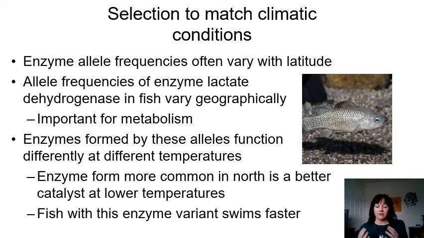And these fish actually swim better with this variant. If you have any fish up north with the other variant, the warmer temperature optimized enzyme, they don't swim as fast. So it's likely that this allele is providing them with a selective advantage.